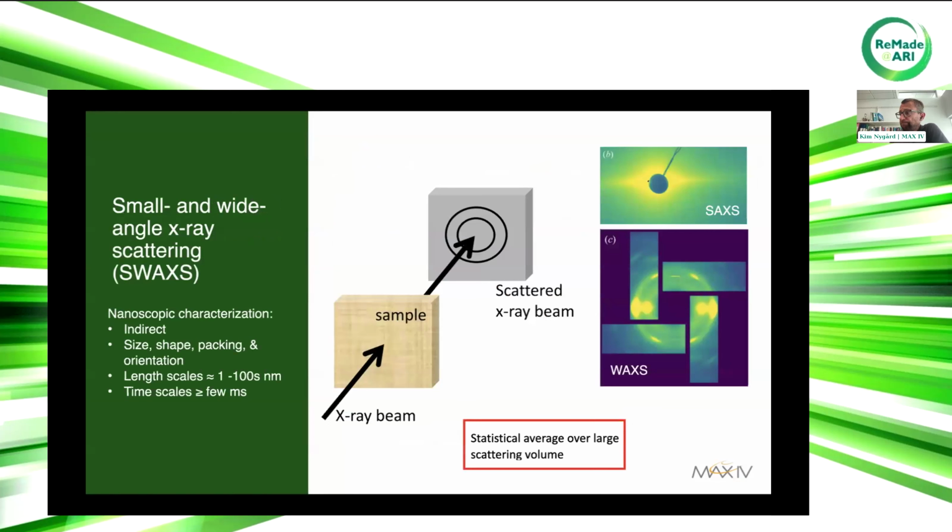Now, there is one caveat here, and that is that in an experiment like this, you're measuring some sort of statistical average over the whole scattering volume, the volume from where you're collecting scattering. And in traditional SAXS or WAXS experiments, this is a fairly large volume.